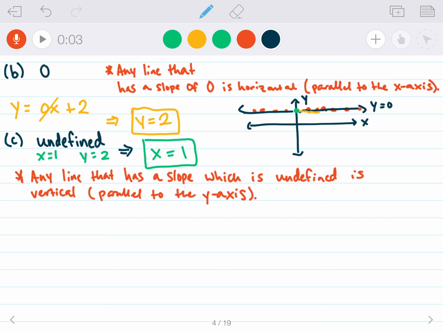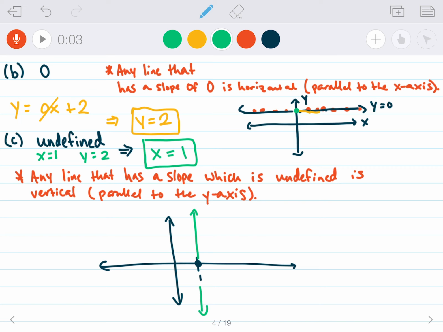And all that means is that we have a vertical line. It's going to pass through, in this case, x equal to negative 1. So we find x equals negative 1, which is right here. And then we're going to just draw a vertical line through it. This is an undefined slope. There's no run, there's just rise.